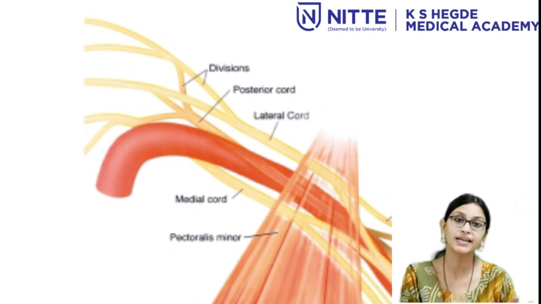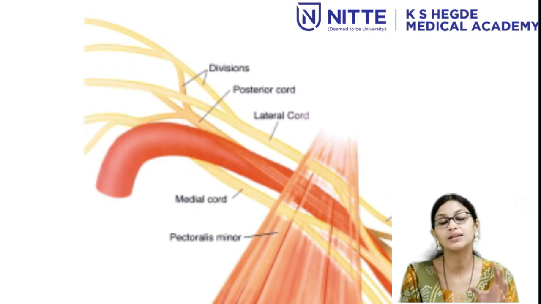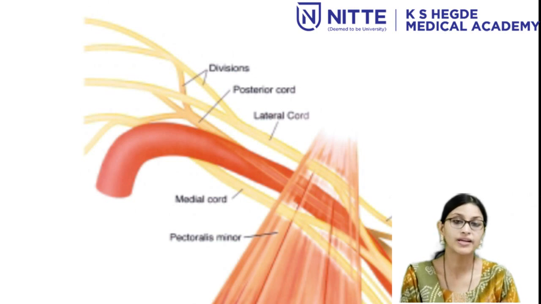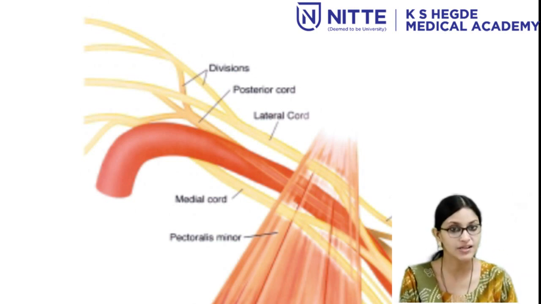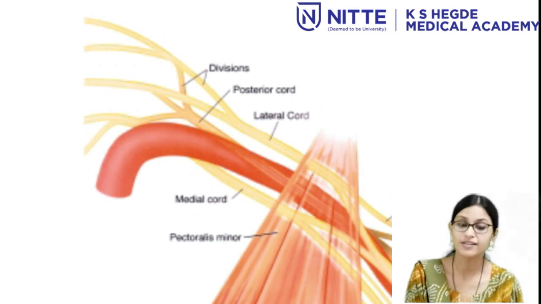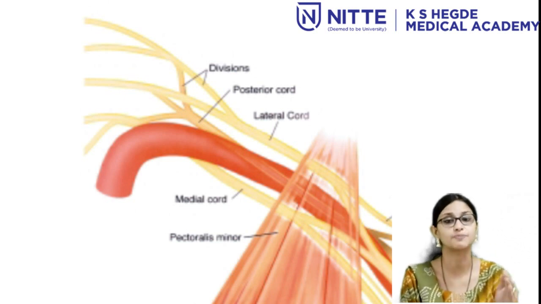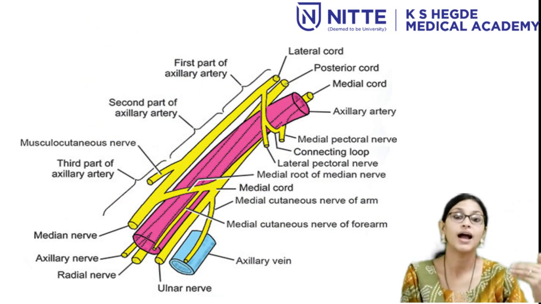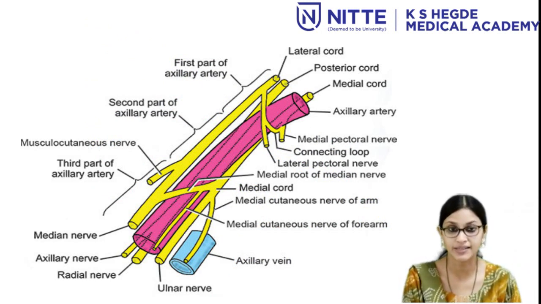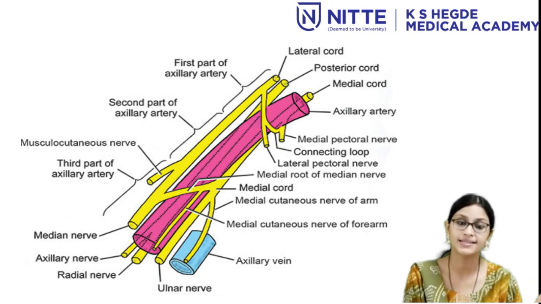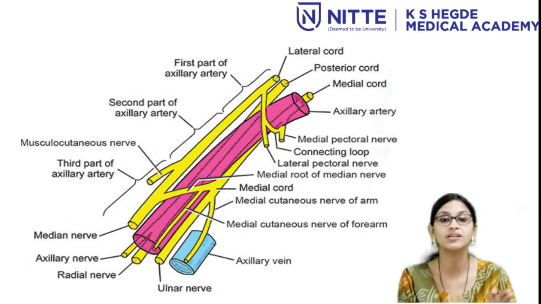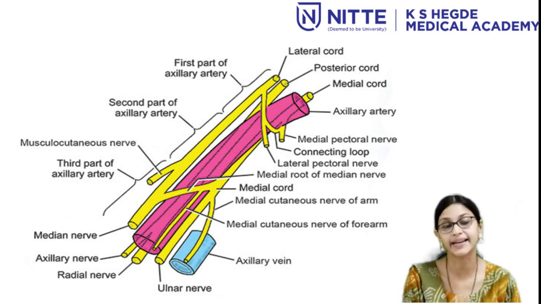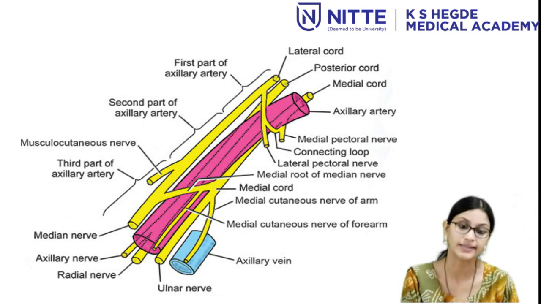That means, with regard to the first part, the names of the cords do not match with the relation. But as it approaches the second part of the axillary artery, the lateral cord lies laterally, the medial cord lies medially, and the posterior cord lies posterior to the second and third parts of the axillary artery.